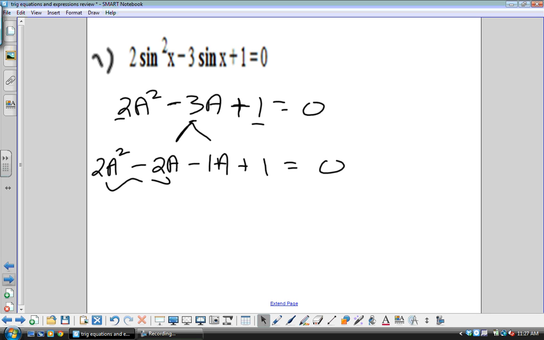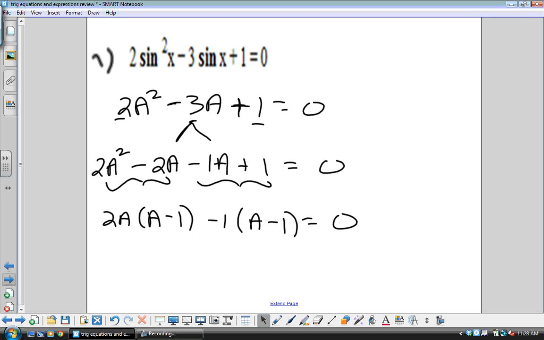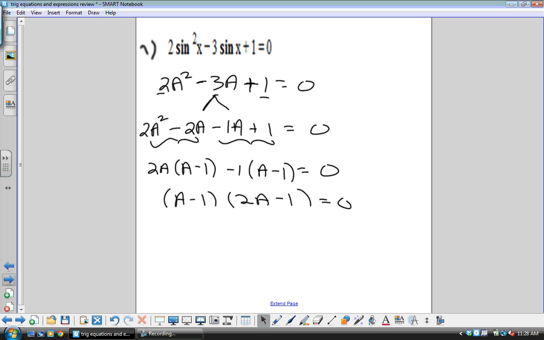Okay, now let's group it. So the first group will get 2a. That'll leave me with a minus 1. I can get out a negative 1. That'll leave me with another a minus 1 like I need there. So we'll get a minus 1 times 2a minus 1. So a is going to be 1, and then a is going to be a half.